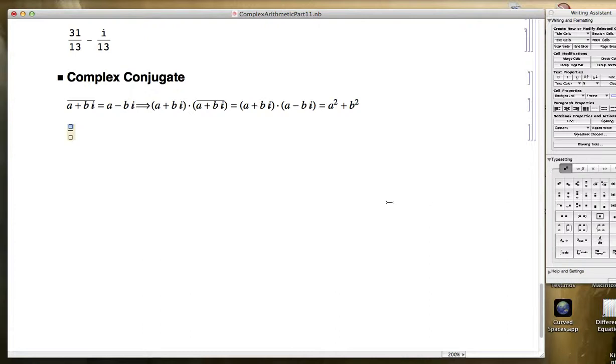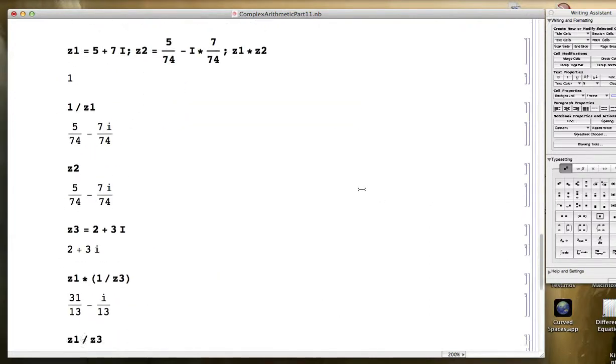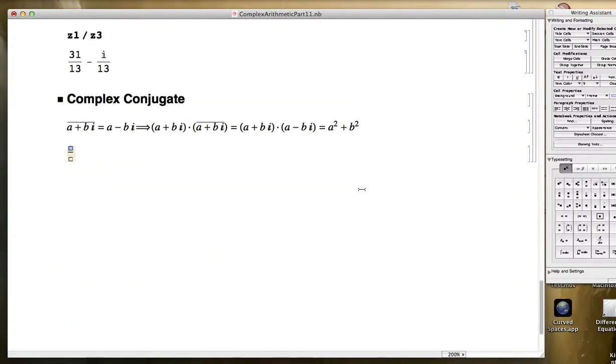Let's go back to the original example here: 5 plus 7i divided by 2 plus 3i. The technique is to multiply by a disguised form of 1, and that disguised form of 1 is the complex conjugate of the bottom divided by itself: 2 minus 3i divided by 2 minus 3i.